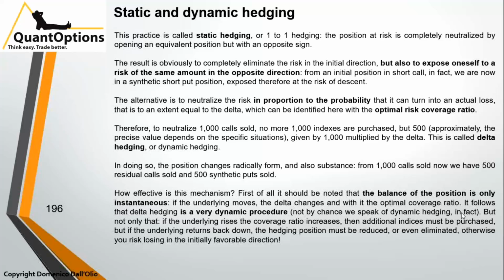But not only that, if the underlying rises, the coverage ratio increases, then additional indices must be purchased. But if the underlying returns back down, the hedging position must be reduced or even eliminated. Otherwise, you risk losing in the initially favorable direction. Once again, this is a very dynamic procedure.